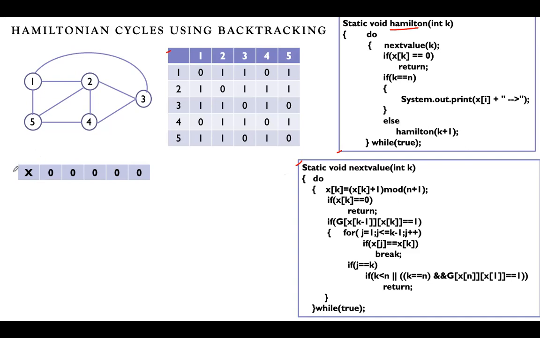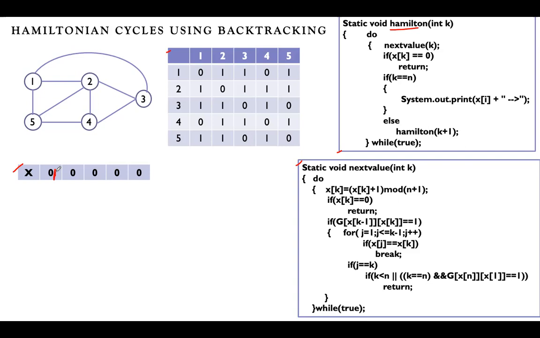There will be an array X. It is a very important array. We take an array X wherein the first value will obviously be 1, that is, we are starting with vertex 1. I am trying to find all the possible cycles in this graph, starting with vertex 1.